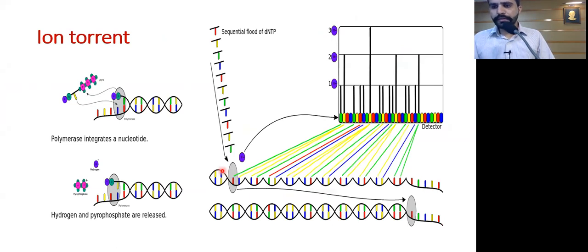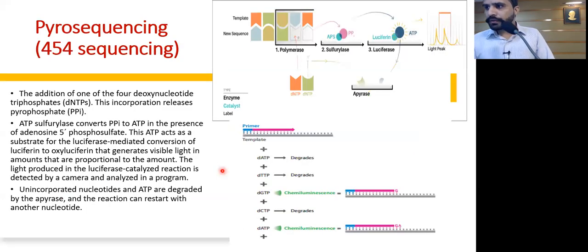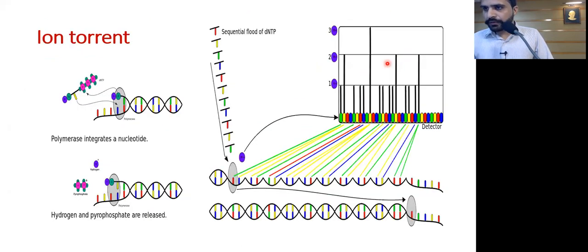So Ion Torrent is very similar to pyrosequencing. The difference is that in pyrosequencing the pyrophosphate is used for detection. But in Ion Torrent, during incorporation of the nucleotide, not only pyrophosphate but a hydrogen ion is also released. In that system as well, we use different runs of nucleotides.